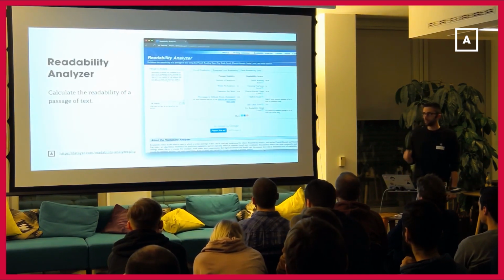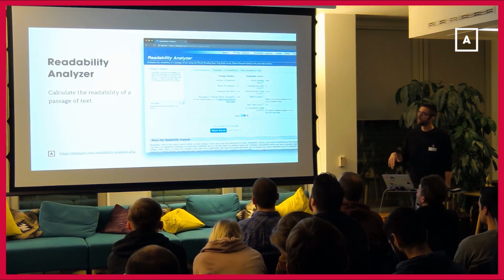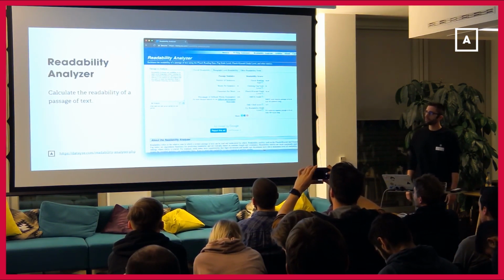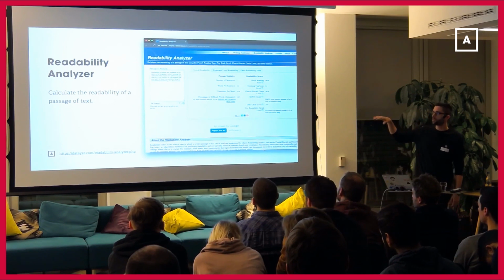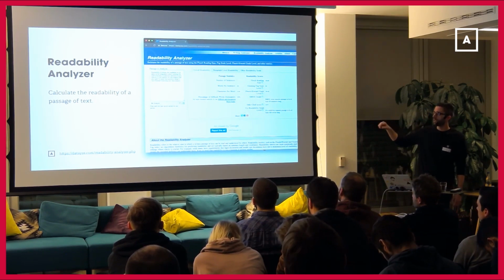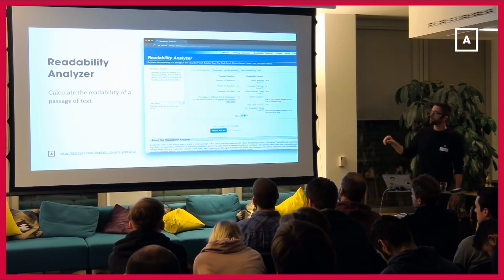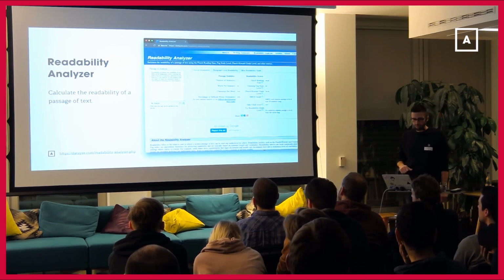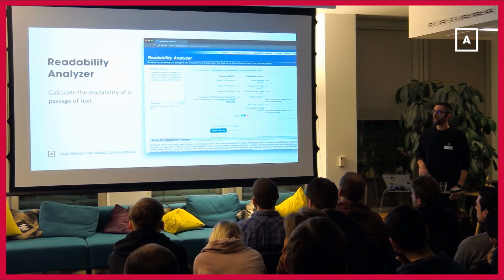A tool that can help here, even though it's really an old design, is a really useful tool. The reason is that you can see, it's a really tiny font, but I have an XY with the zoom version. So we have a lot of metrics here, and the tool is called Readability Analyzer. It works like this.